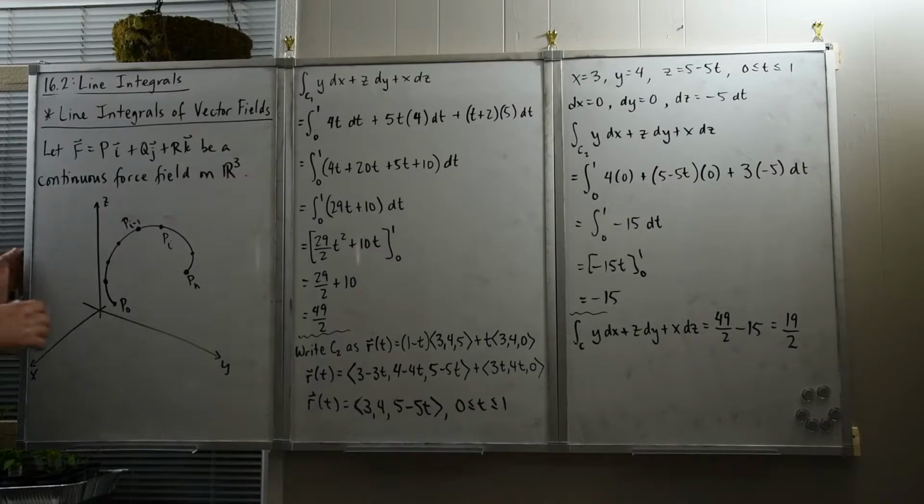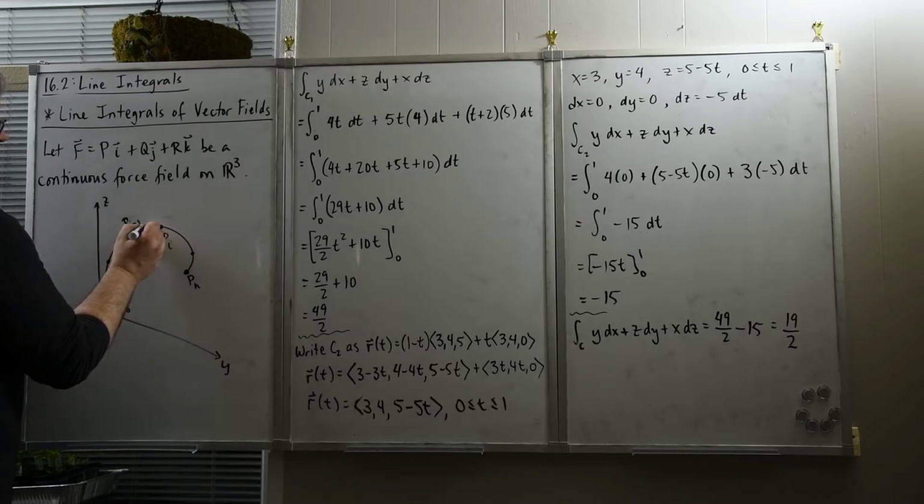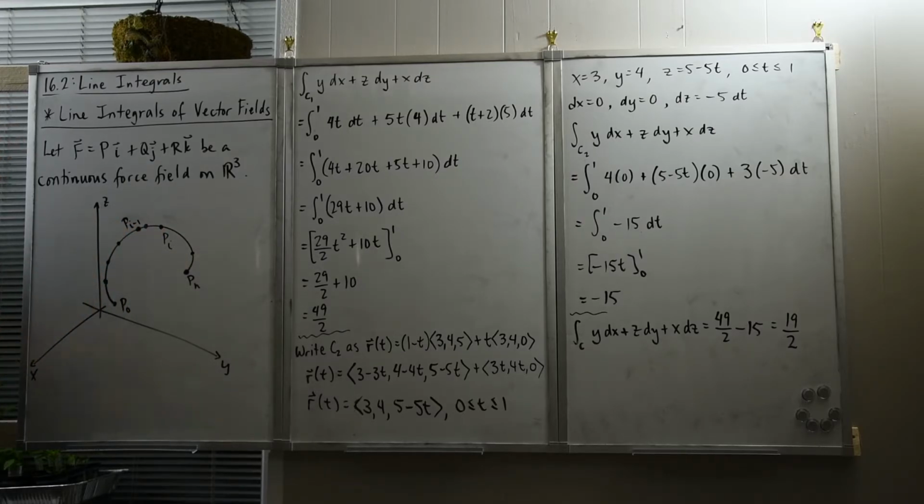Well, once again, you got this subarc that goes from p sub i minus 1 to p sub i along this curve C. And what we're going to do is take a representative point. Should not be a shock to anyone. Let's say we take this as our representative point.